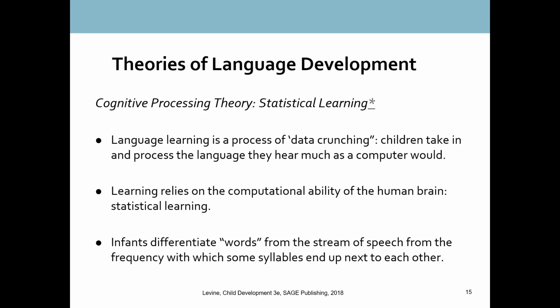And what this theory says is that our brains are constantly analyzing the speech we hear. So the learning relies on the computational ability of the human brain. We engage in what's called statistical learning. Infants differentiate words from the stream of speech, from the frequency with which syllables end up next to each other.